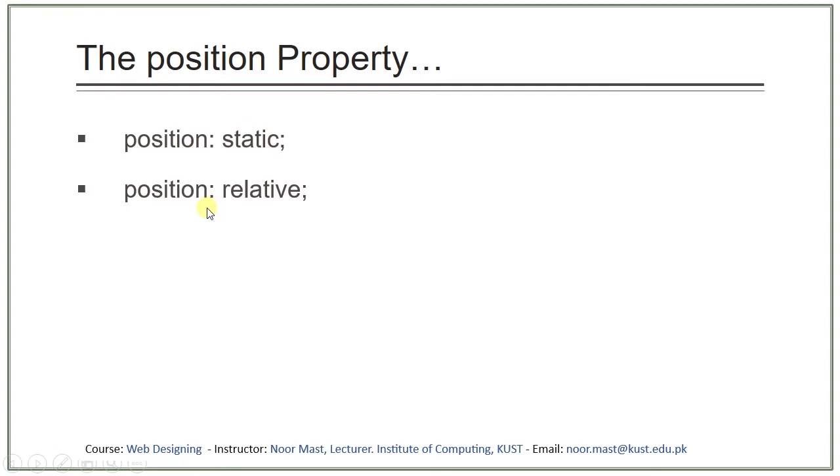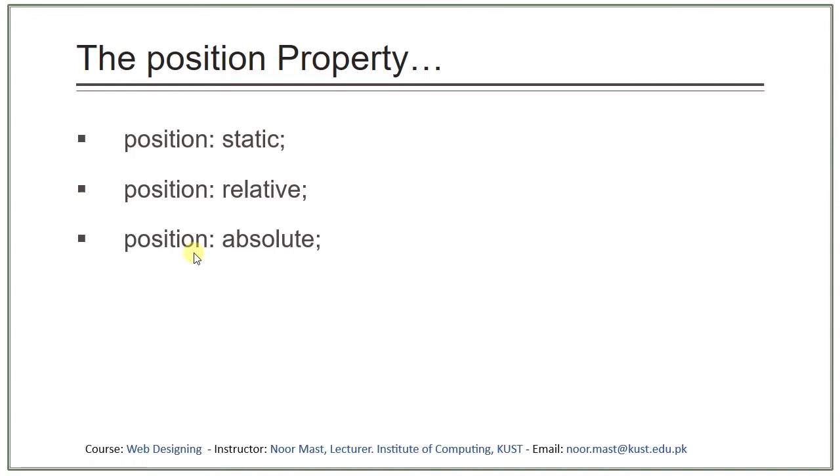Relative position. An element with position relative is positioned relative to its normal position. Setting the offset properties of a relatively positioned element will cause it to be adjusted away from its normal position. Other contents will not be adjusted to fit into any gap left by the element.